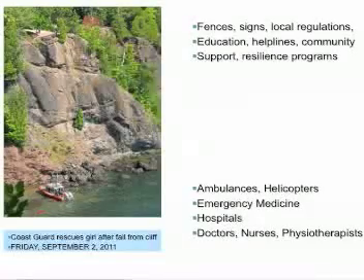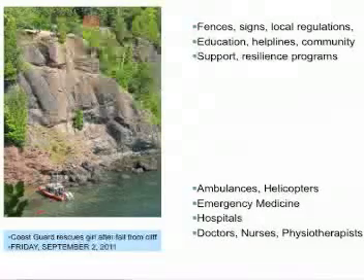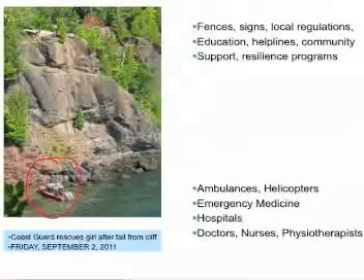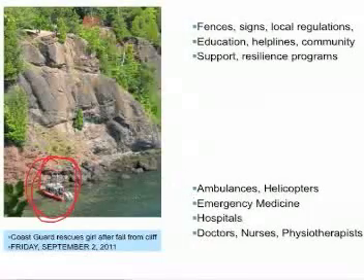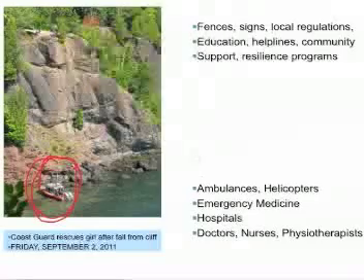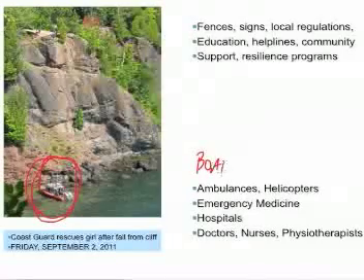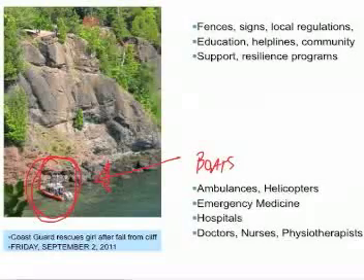Now, the analogy works like this, that most of the public health services effort is focused on providing ambulances and helicopters and boats, etc., to cater for or deal with the problem of people falling off the cliff.